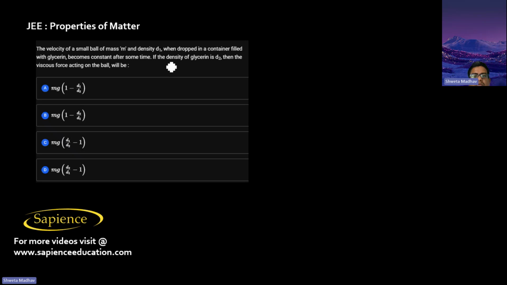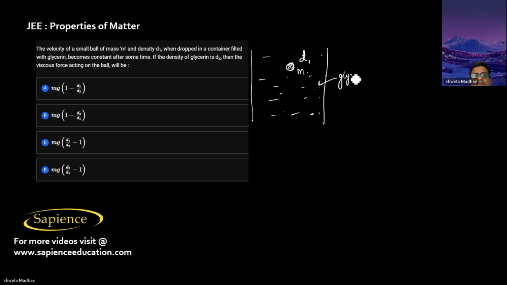That is the terminal velocity v. If the density of the glycerine is d2, then how much will the viscous force acting on the ball be?